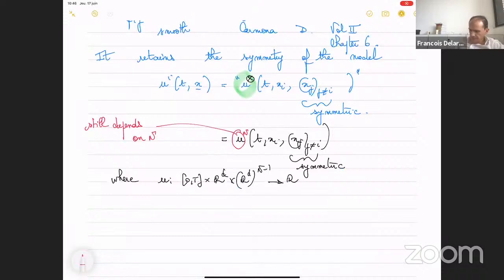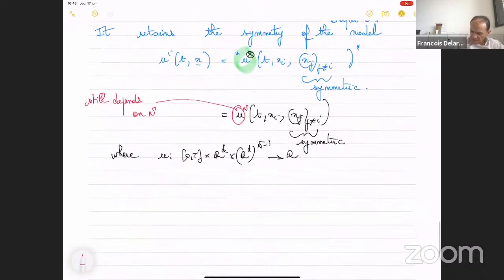Anyway, when you have something that is symmetric, a symmetric function of the arguments is a function of the uniform measure of these arguments.